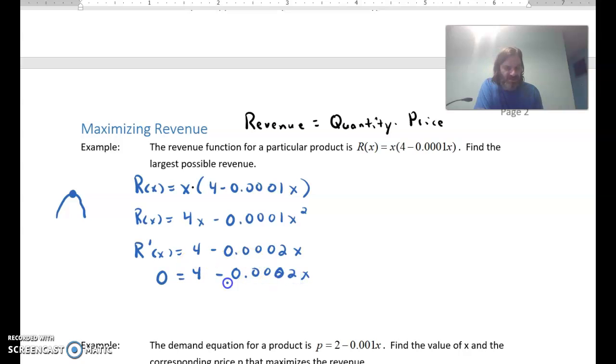I'm going to bring the 0.0002x over to the left-hand side and divide it out. So 0.0002x equals 4. When I get down here, I get 4 divided by 0.0002. I get 20,000.